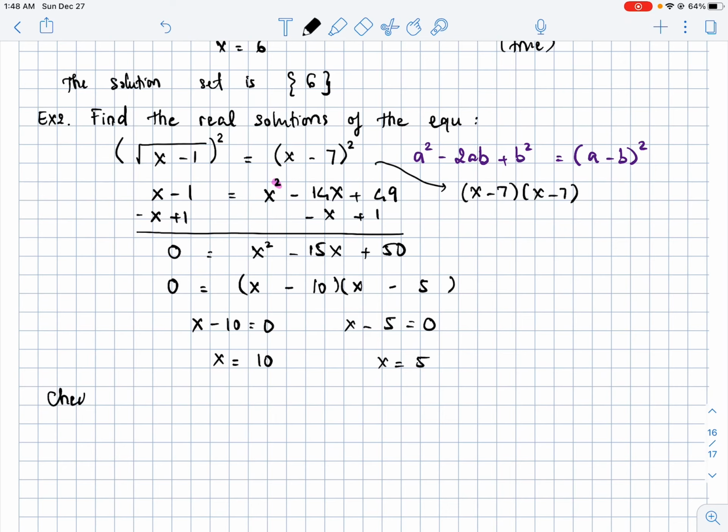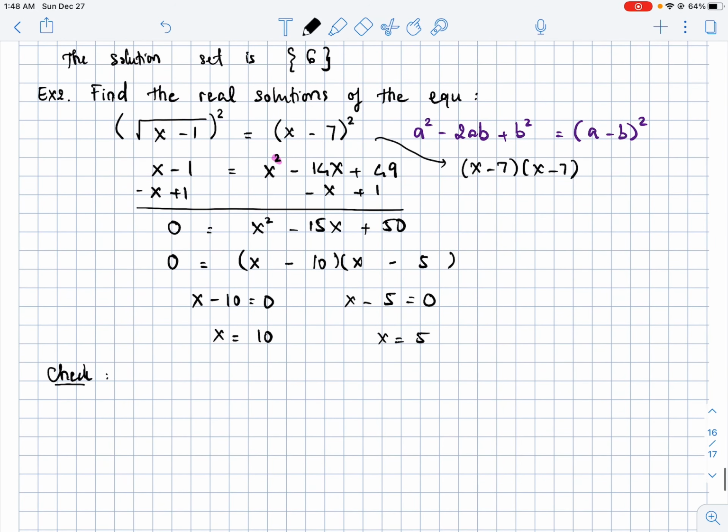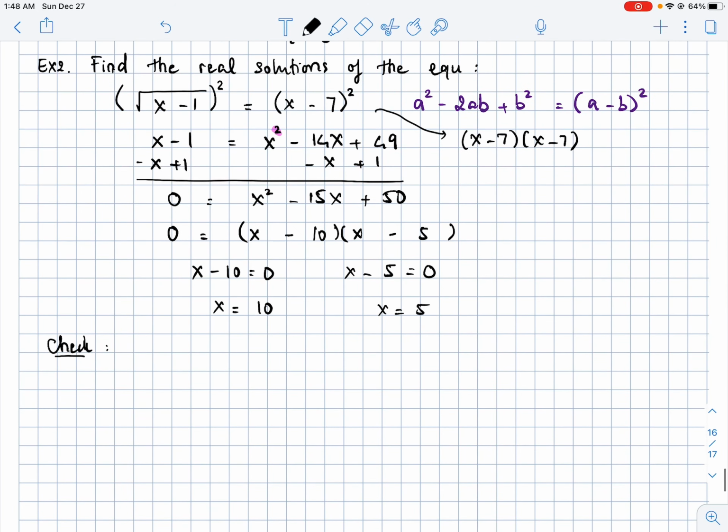We need to check our answer because in this case we may get one true and one false. In the original problem, we will plug in 10 first, so we get the square root of 10 minus 1 equal to 10 minus 7. So the square root of 9 equals 3, and this is a true statement. So x equals 10 is one of the solutions.